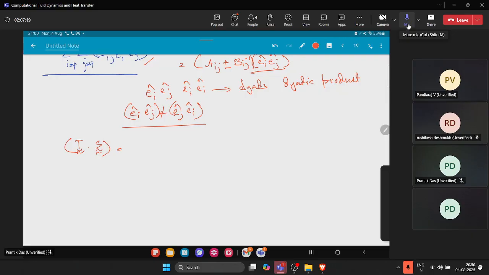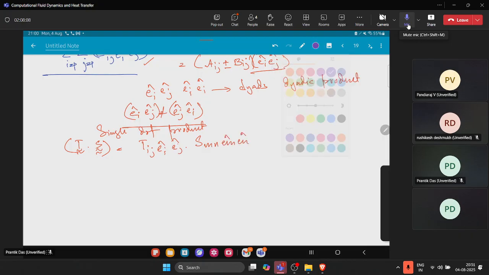Now T dot S is basically a single dot product between two tensors. So this is Tij, Ei Ej dot Smn, Em En. What I will do is make the dot product between the two unit vectors which are nearest to each other.